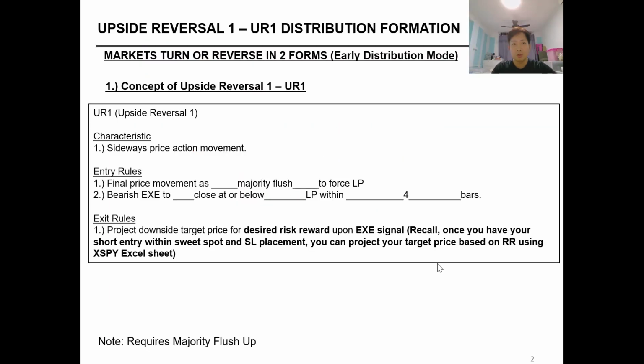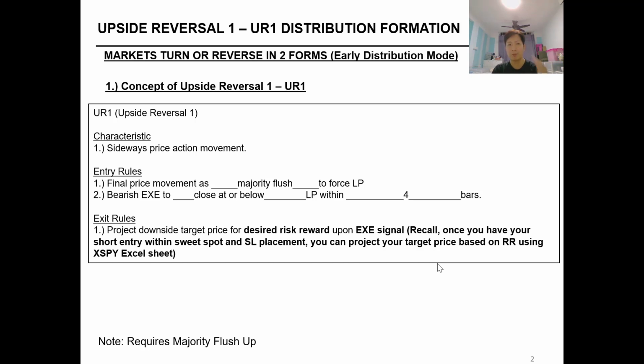All right, so let's go into the criteria for up reversal 1, UR1. UR1 is basically what we call reversal trading. This can happen anywhere in the chart, regardless of where price is with reference to the 50 SMA.